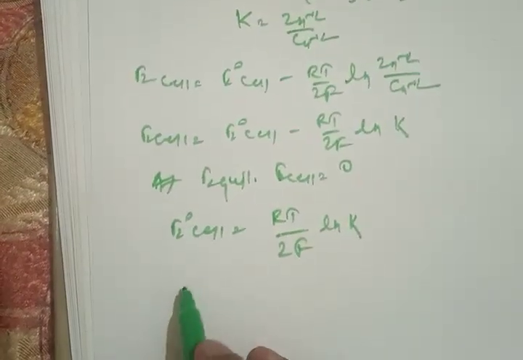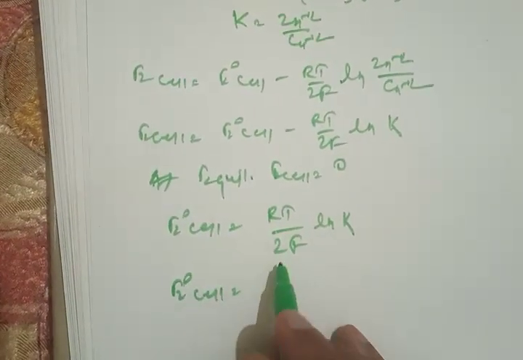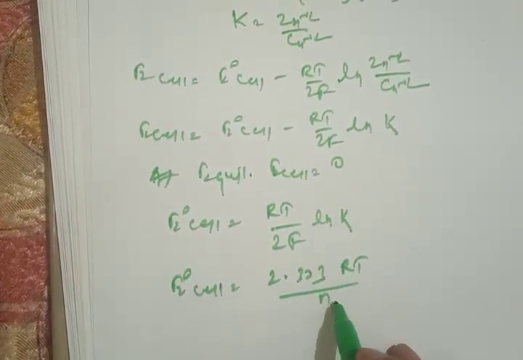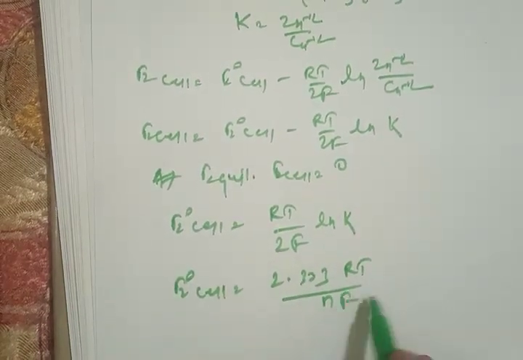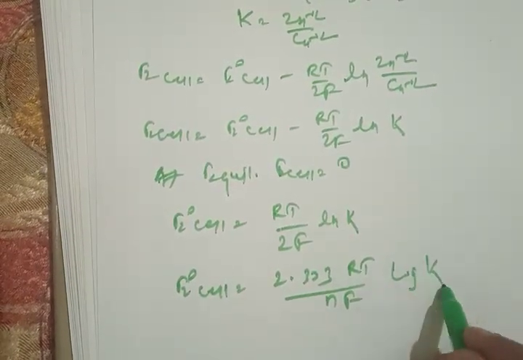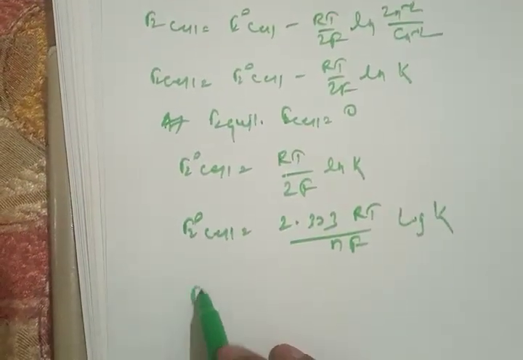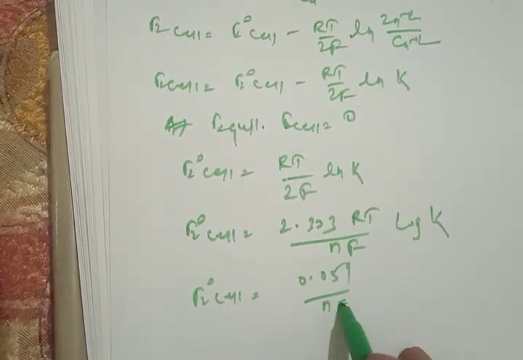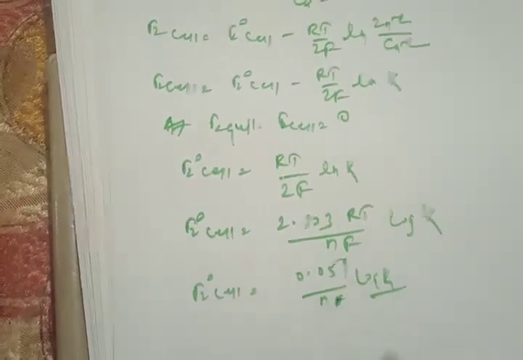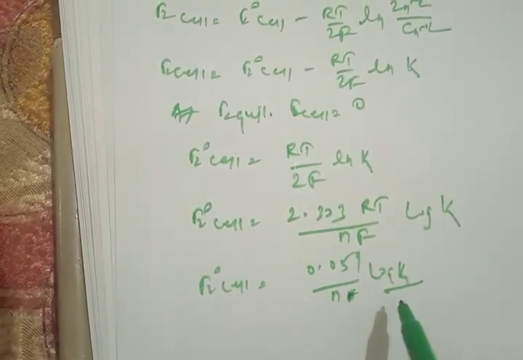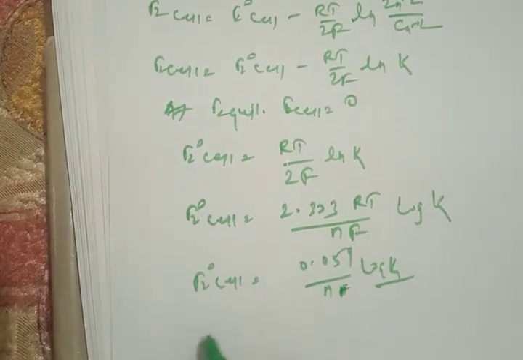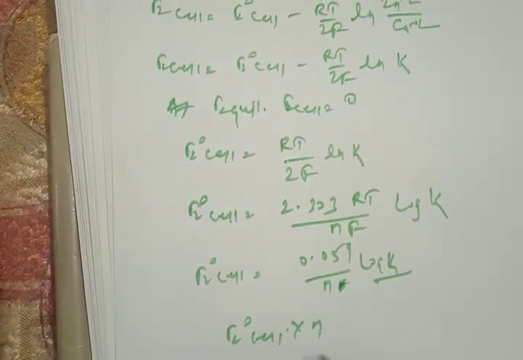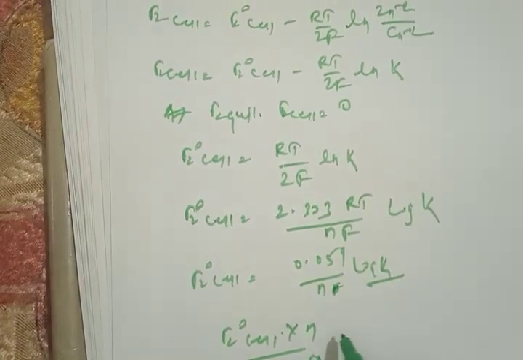And if you go for further calculation, this is 2.303 RT upon NF, the simpler one, log K, or E naught cell equals to 0.059 upon n log K. So here you can calculate the value of K, the equilibrium constant, like log K equals E naught cell into n upon 0.059.